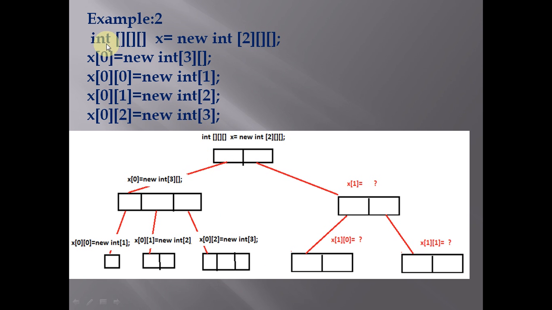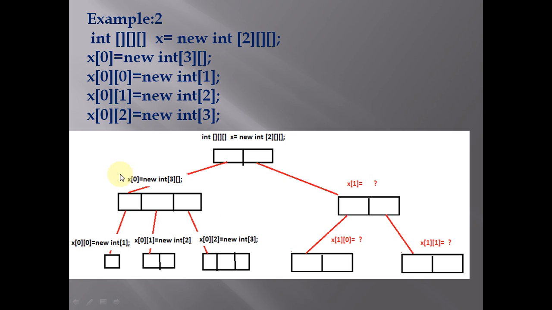So basically this statement over here means this. In the first case, the Java compiler is going to create two spaces. Then in the second statement, x0 means the first element of this array, right? And the first element of this array is capable of pointing to a two-dimensional array. Because this is 3D, the first element of 3D is capable of pointing to a two-dimensional array, right?